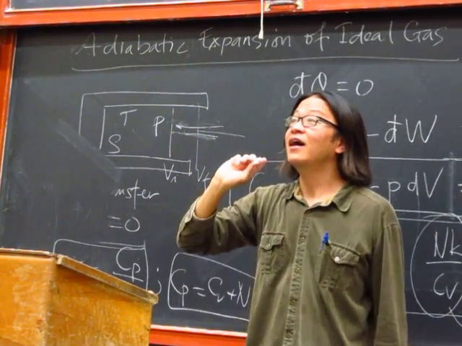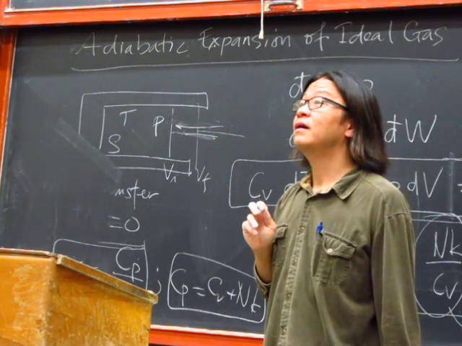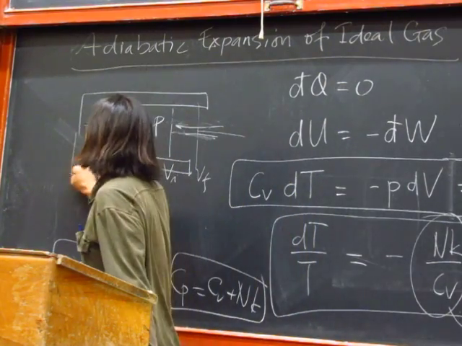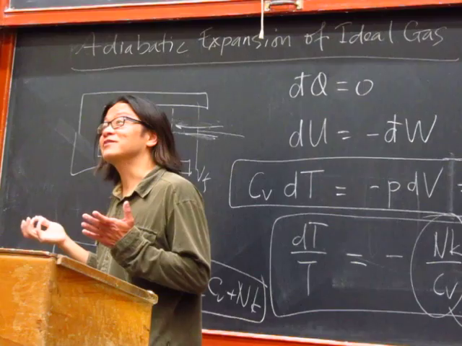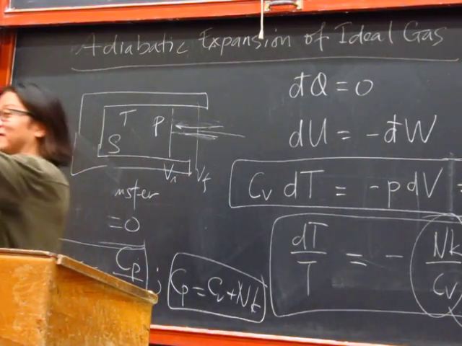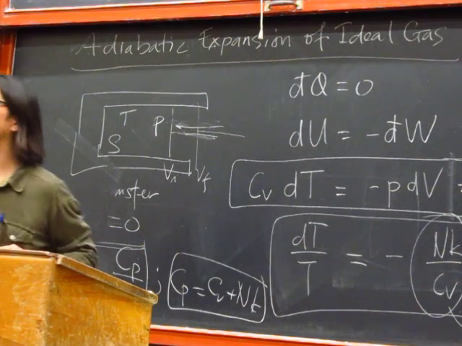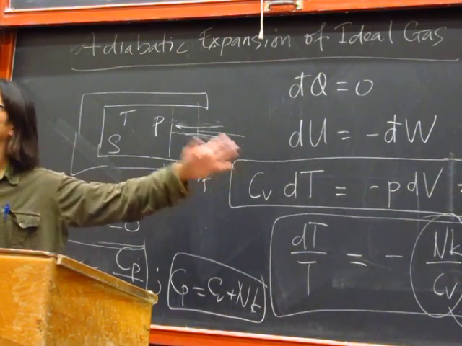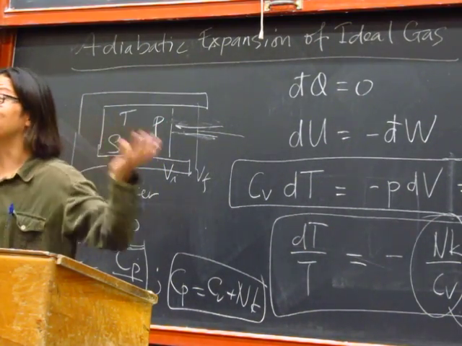If you're moving differentially slowly, then wouldn't you have time for the transfer? Oh, no, here I'm just putting the whole thing in an insulating box, so there is no heat transfer. What Imad was saying is that this is a good approximation to those processes that happen so fast that there is no time for heat transfer to happen.